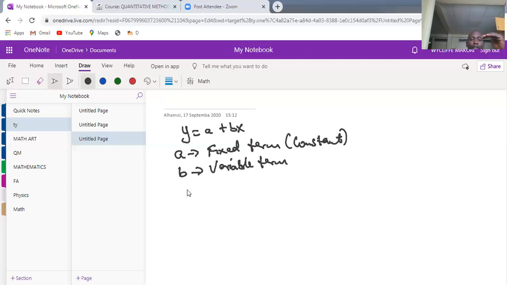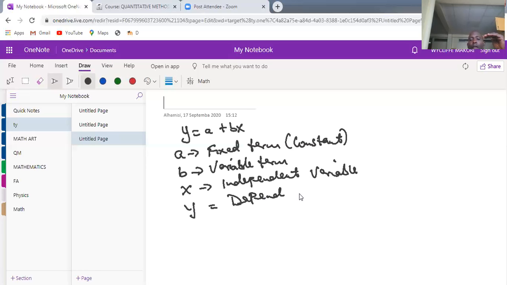And x, as we all know, is normally used to denote the independent variable, and y is the dependent variable. So as a result of a change in x, what will be the effect on y?